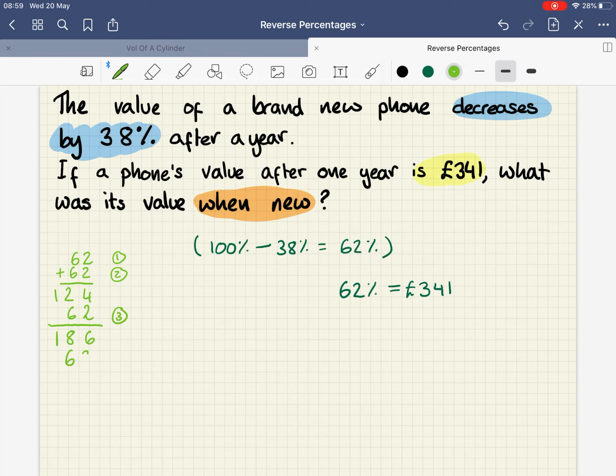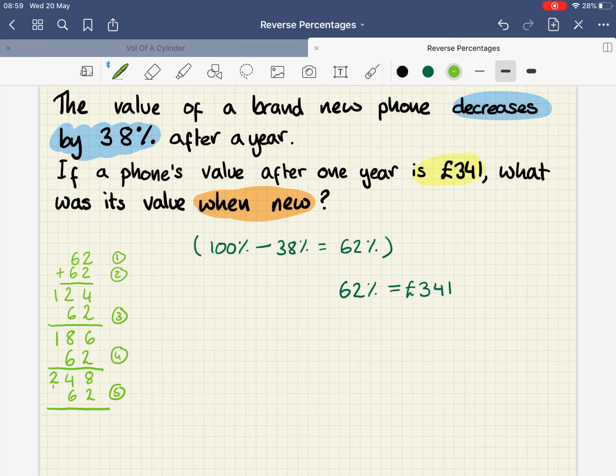So add on another 62. 2 add 6 is going to give me 8. 8 add 6, that is going to give me 14. The 1 add that carry, it's going to give me 2 there. Add on another 62.